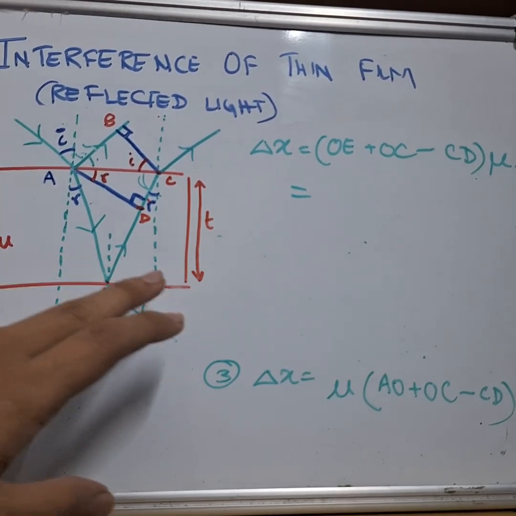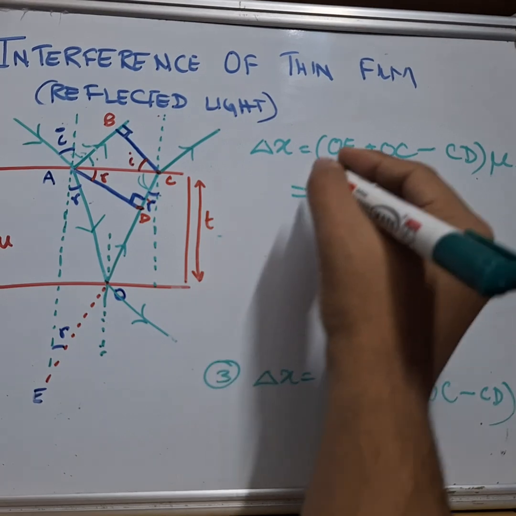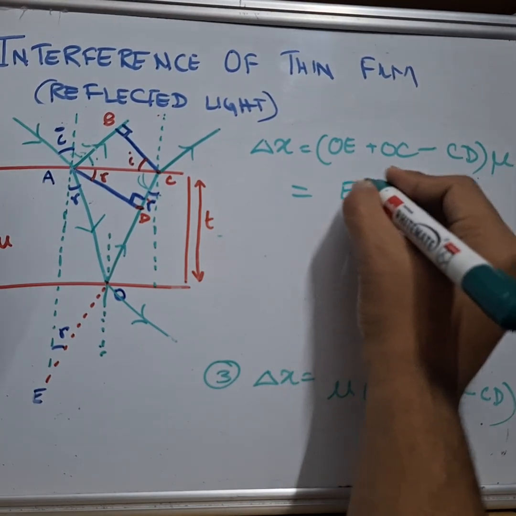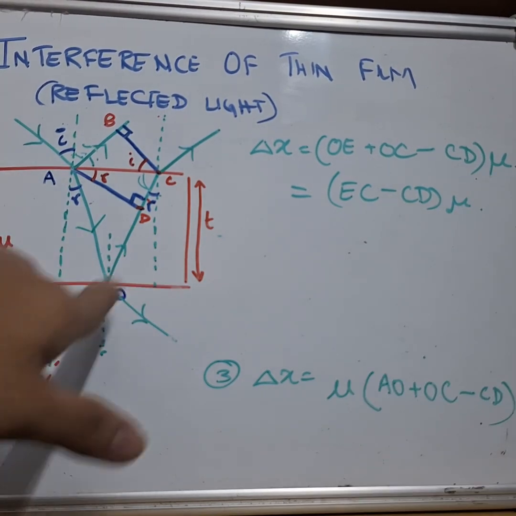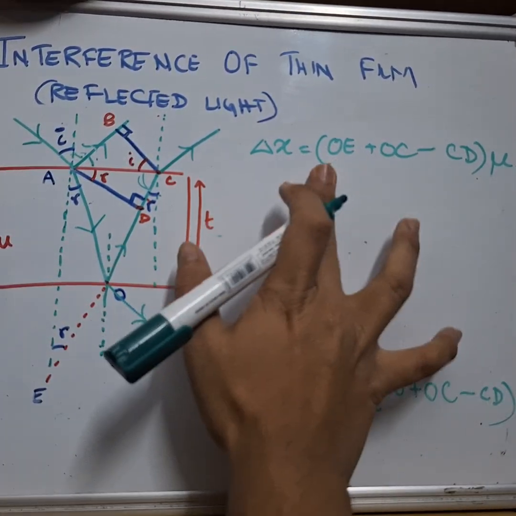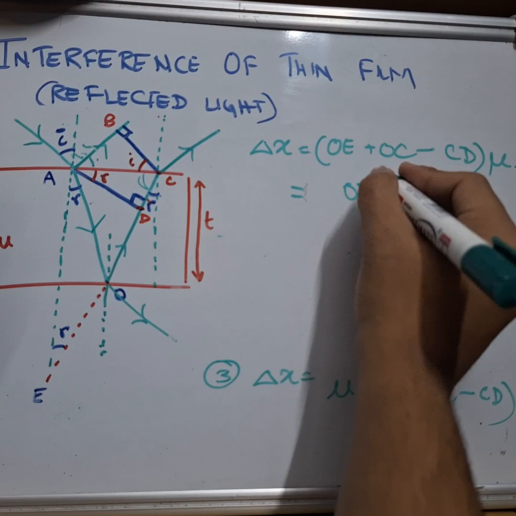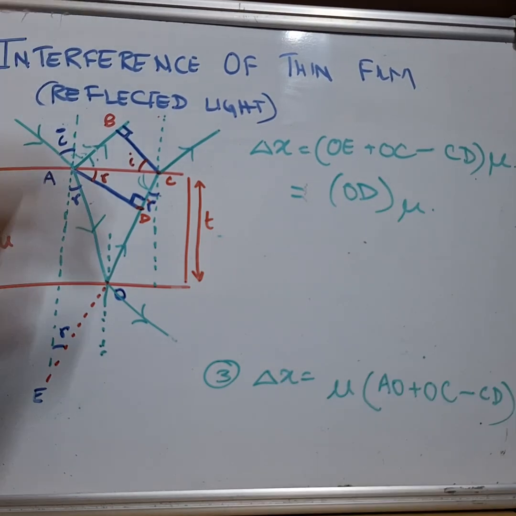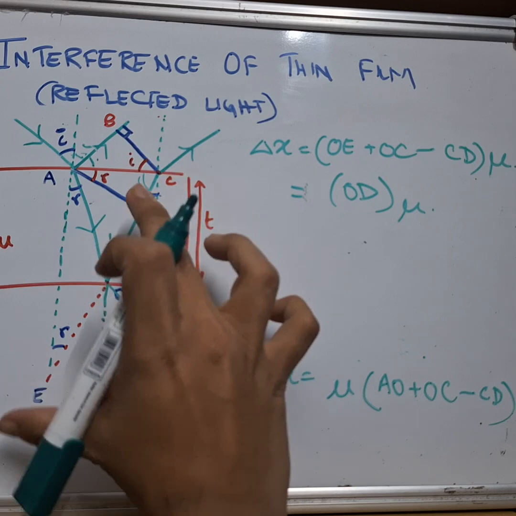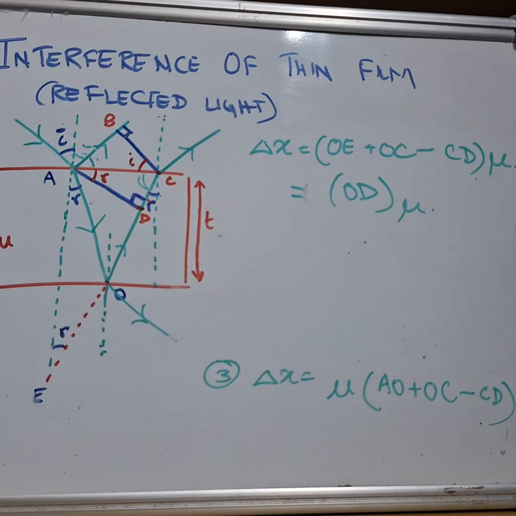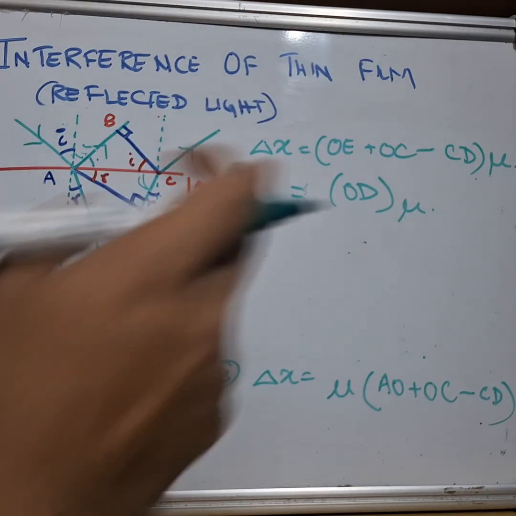We also write OE plus OC is equal to EC, minus CD, into mu, or we can also write this as OD into mu, right? Because EC was the ultimate thing and we reduce CD from it. So OD into mu is the del x part.